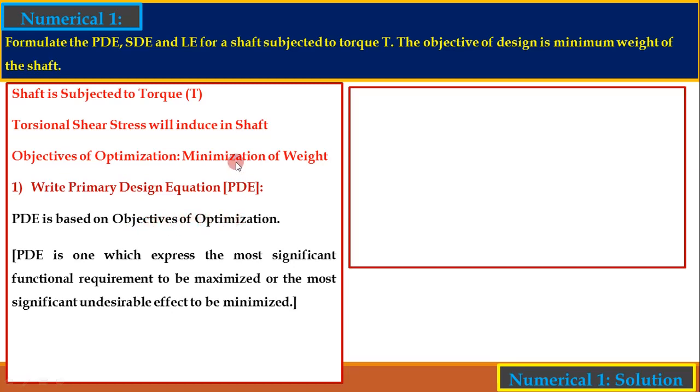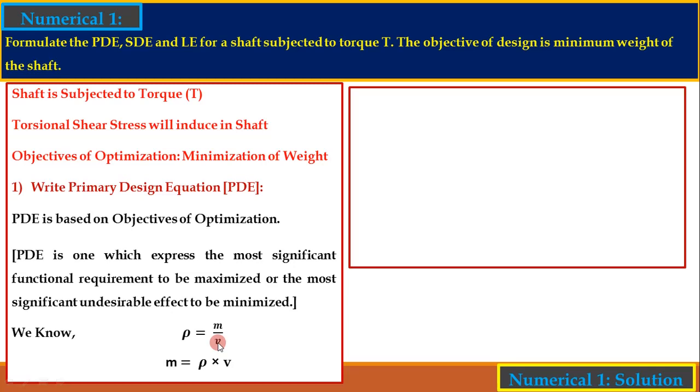As the objective here is minimization of weight, the primary design equation must express the equation of weight. We know that density rho is equal to mass upon volume, so we use this equation to first get the mass.